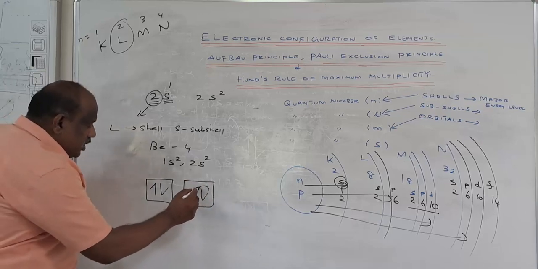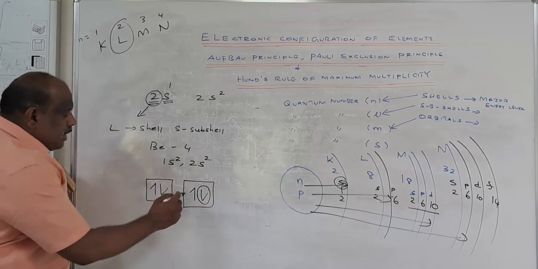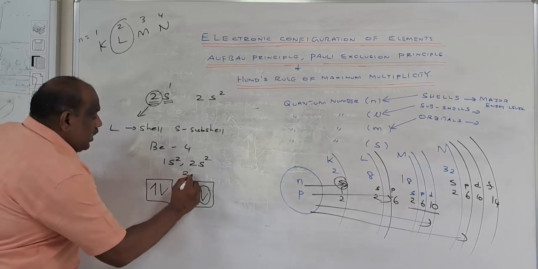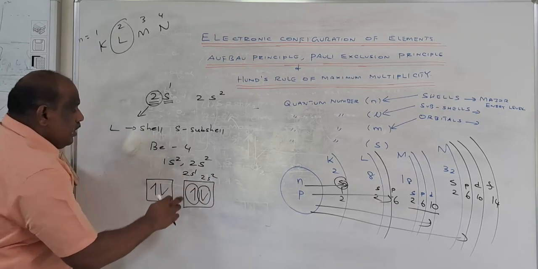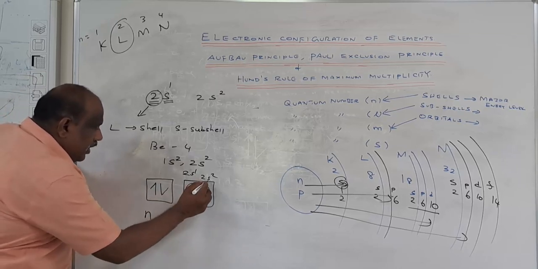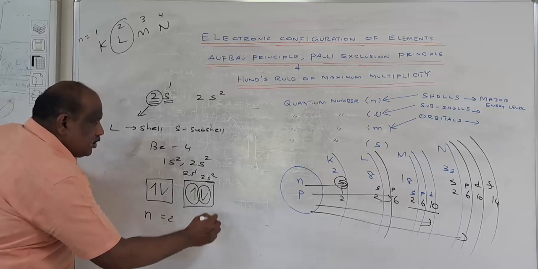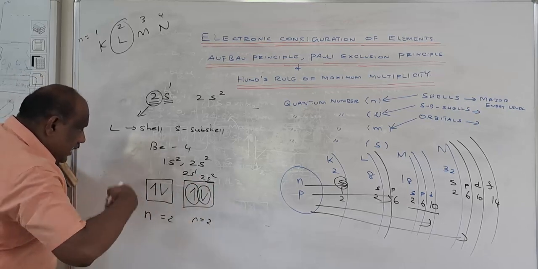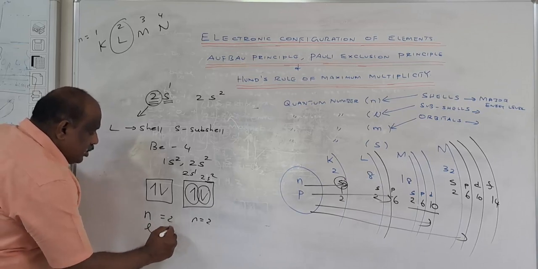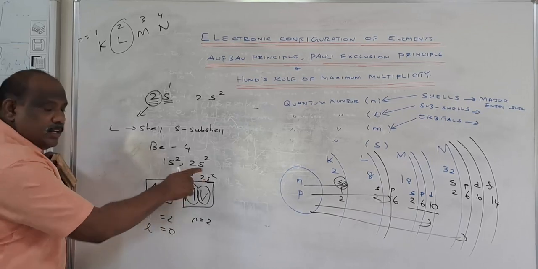Now let us take this last electron, or let us compare these two electrons, 2s1 and 2s2. For this one, what is n? n is 2. For this electron also, n is 2. What is the azimuthal quantum number? l equals 0. Why 0? Because here also s, here also s.